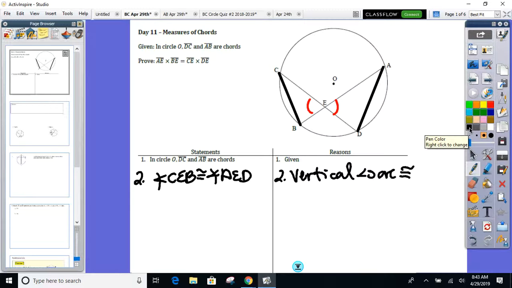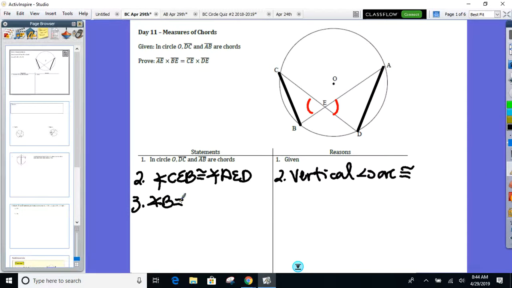Or he could have gave me C or A based on the same reason, which is going to be, hold on, calm down, angle B congruent to angle D. What do you got for me? Beautiful. Inscribed angles drawn to the same arc are congruent.